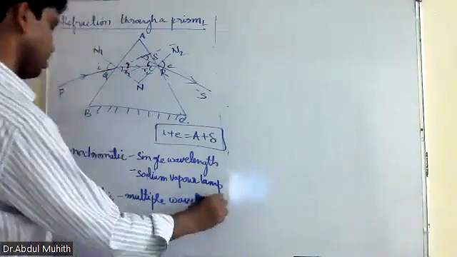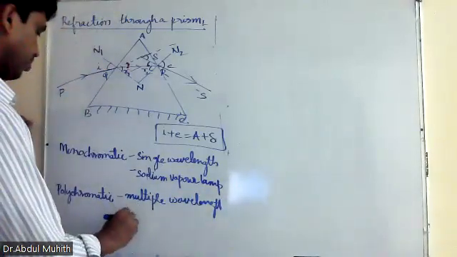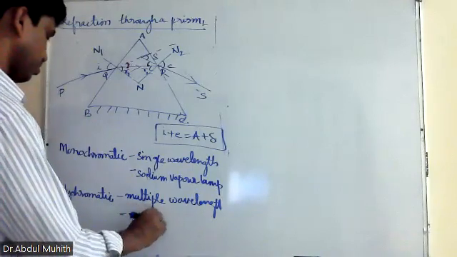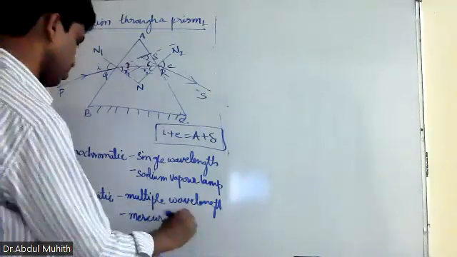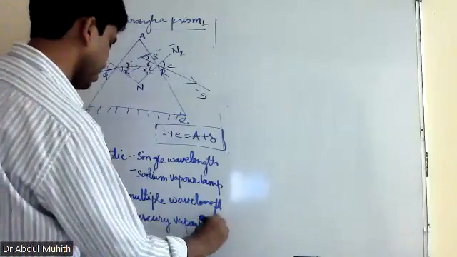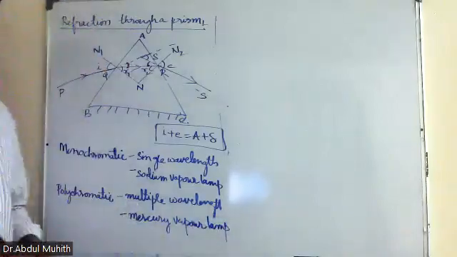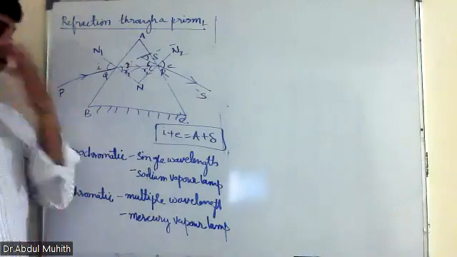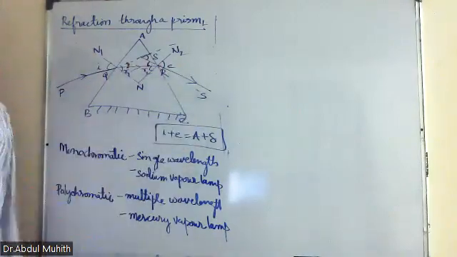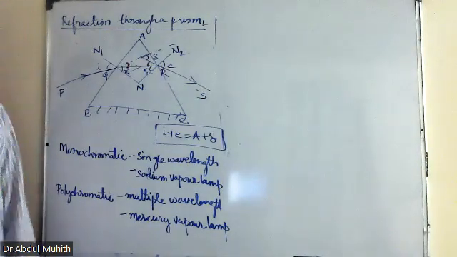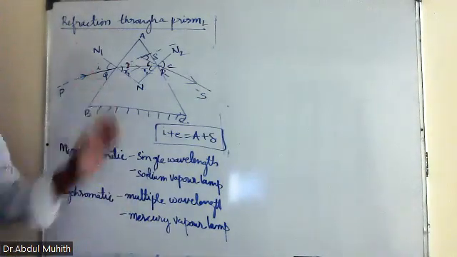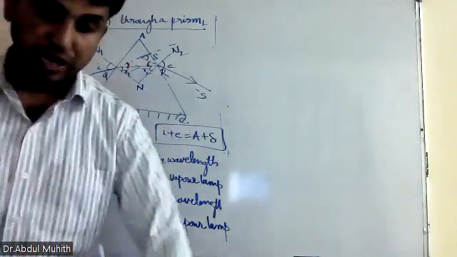That is, we can write mercury vapor lamp. See, so we are using only monochromatic light. We are not using polychromatic. If it was polychromatic, then there would be 7 colors here at the emergent side. Dispersion would take place.